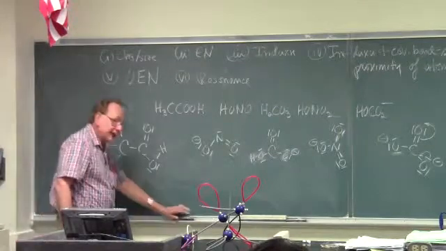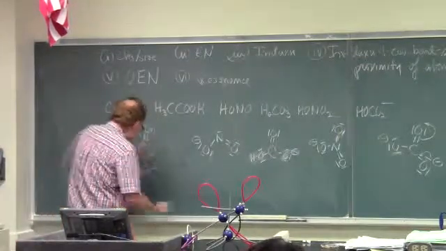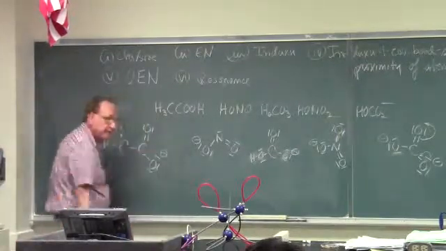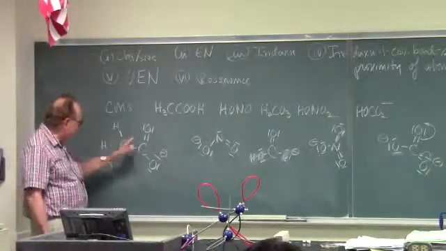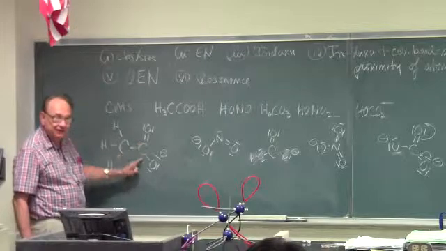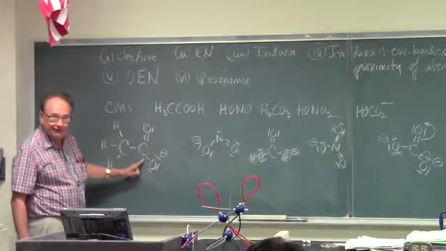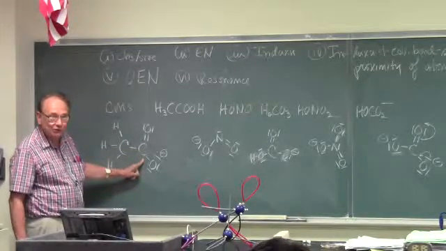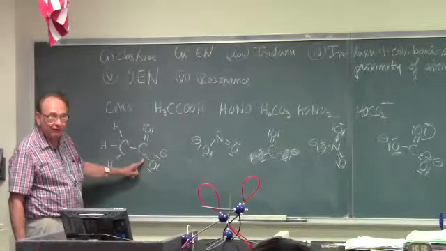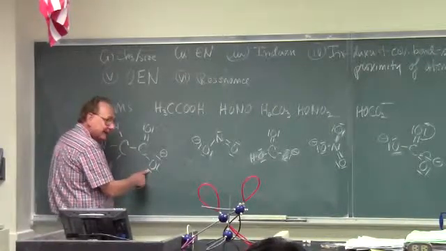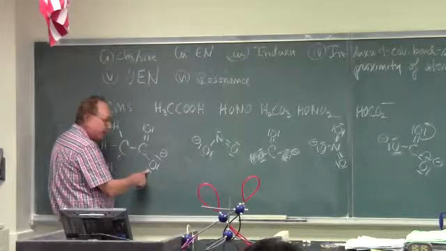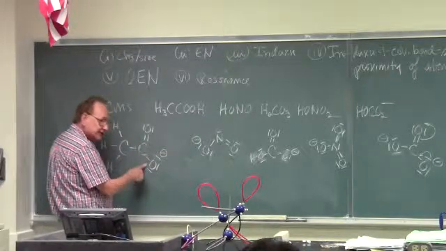But when this thing loses H+ and you now have the acetate ion, just as if magic happened, how do these bond lengths and strengths compare? They're identical. They're not shorter and stronger in a CO single bond and longer and weaker in a CO double bond, because it is not the case that we any longer have a CO double bond and a CO single bond.